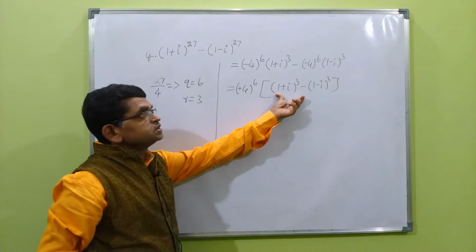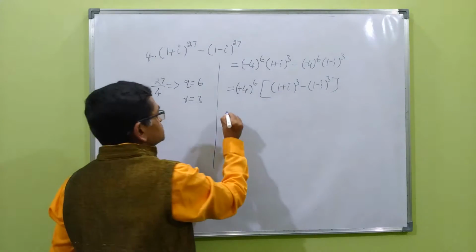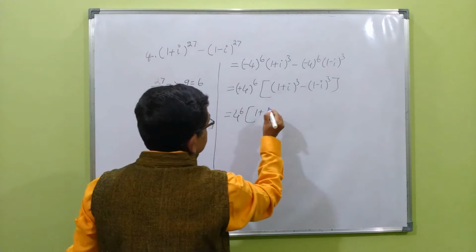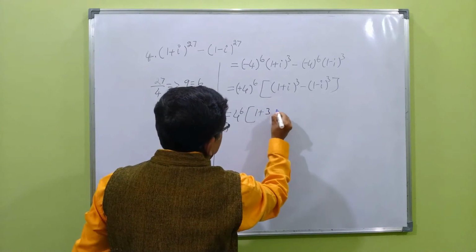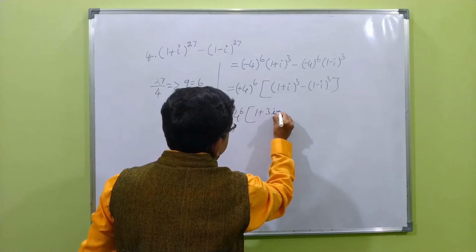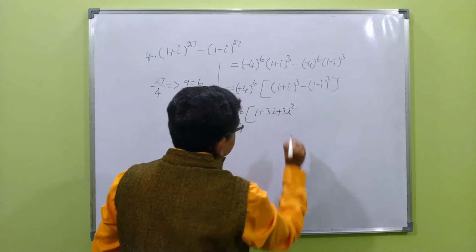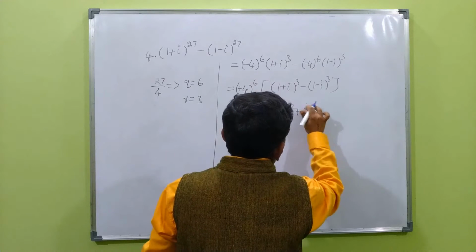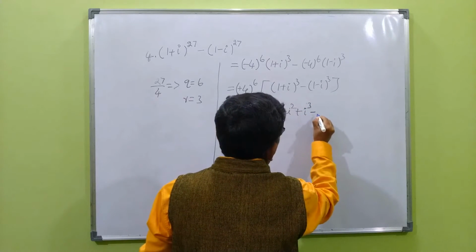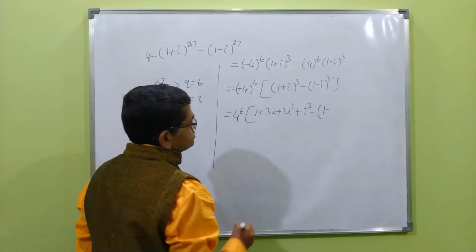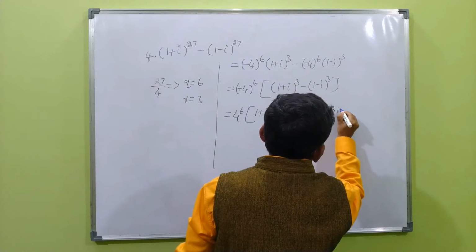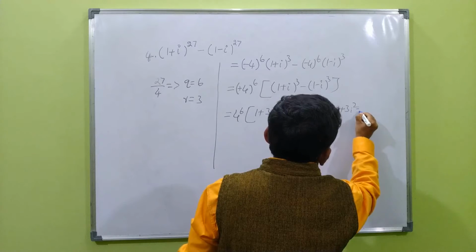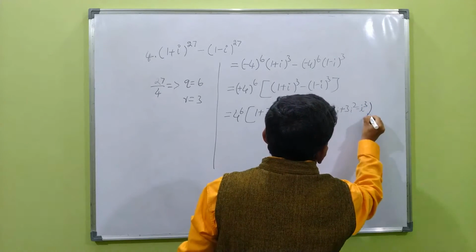If you remember this result, then you can directly write, otherwise you have to expand this one. 4 raised to 6 into 1 plus 3i plus 3 i squared plus i cube, minus 1 minus 3i plus 3 i squared minus i cube, isn't it?